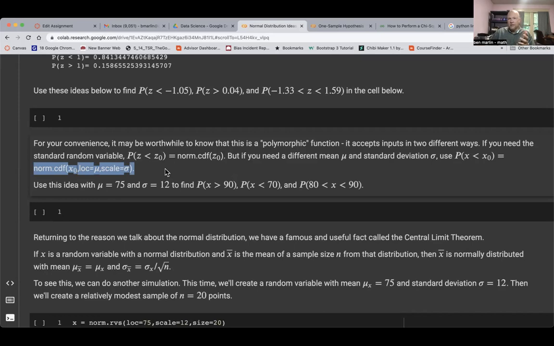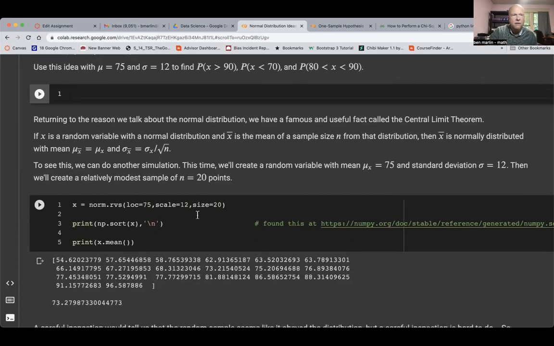And for a different standard deviation, you can say scale equals whatever that standard deviation is. Okay. This should be pretty easy, but you may have to experiment a little bit with how you type it. So I ask you to do that here.